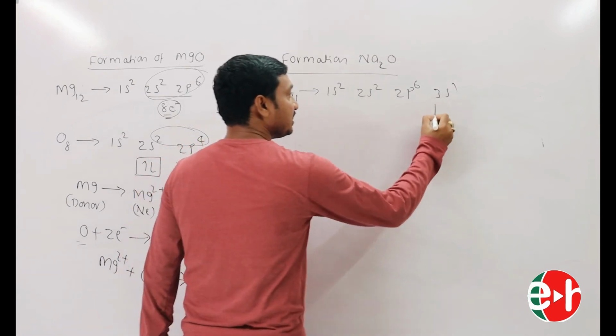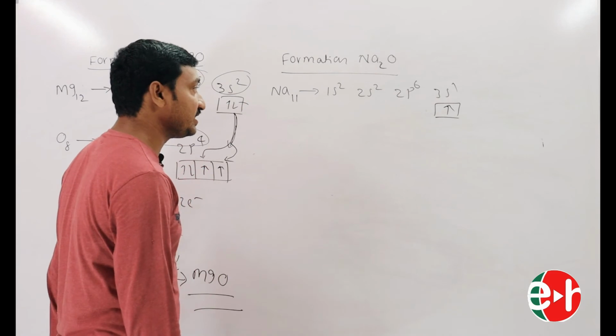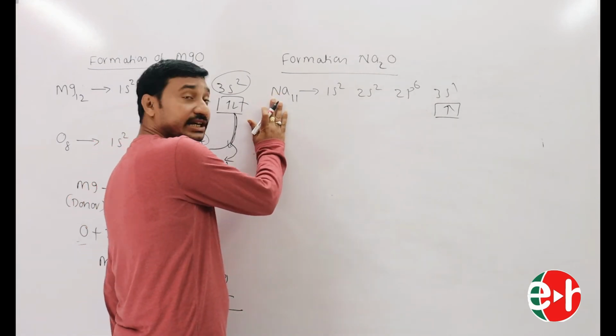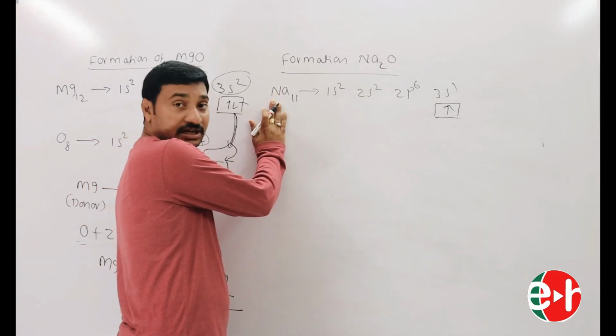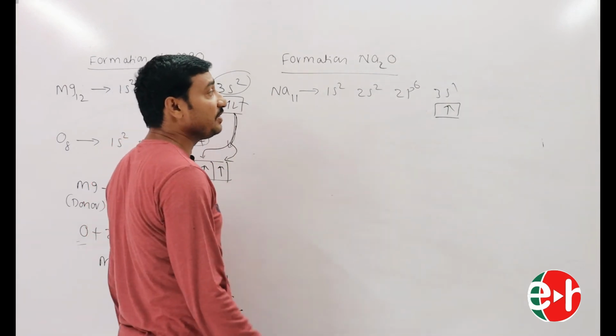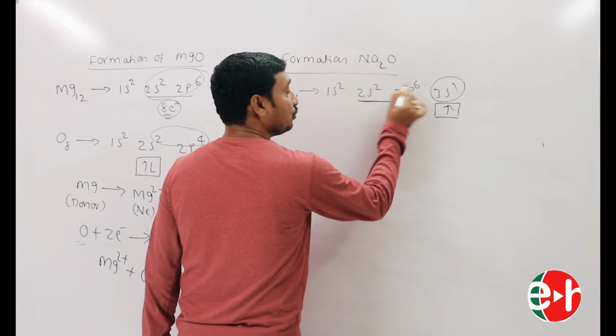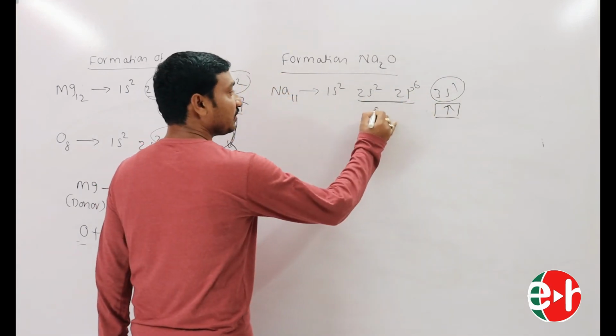In the outermost shell, it has 1 electron. So to reach octet configuration, is it ready to donate electrons or ready to accept electrons? Ready to donate, ready to lose an electron. Why? Because if it loses this electron, then it gets octet configuration. 2 plus 6, 8 electrons.